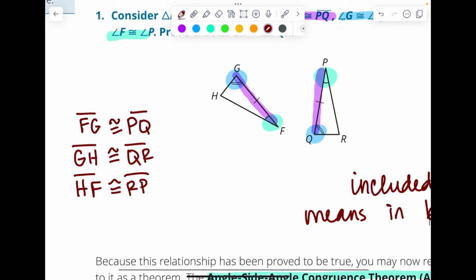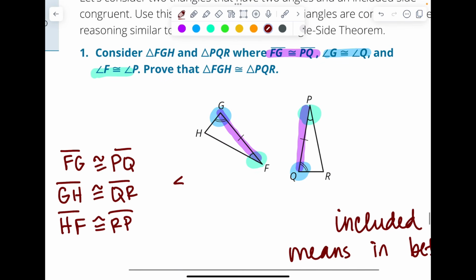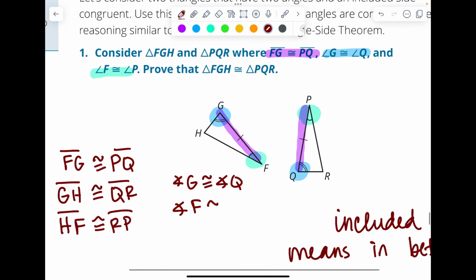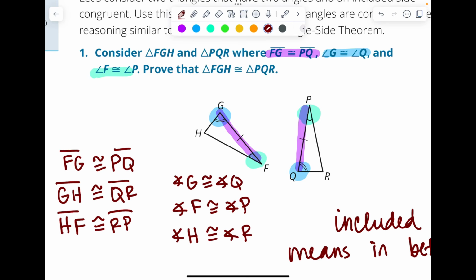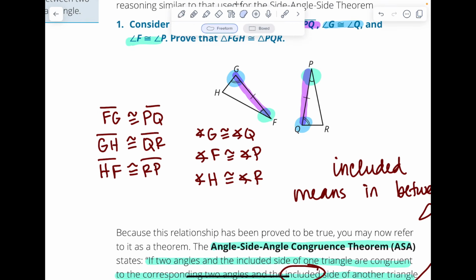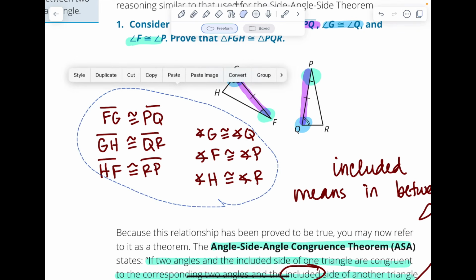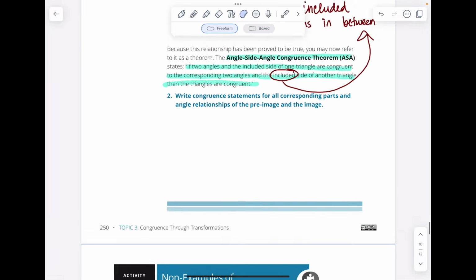And then for the angles, we know that angle G is congruent to angle Q. We know that angle F is congruent to angle P. And that means angle H is congruent to angle R. So we'll just copy and paste that.